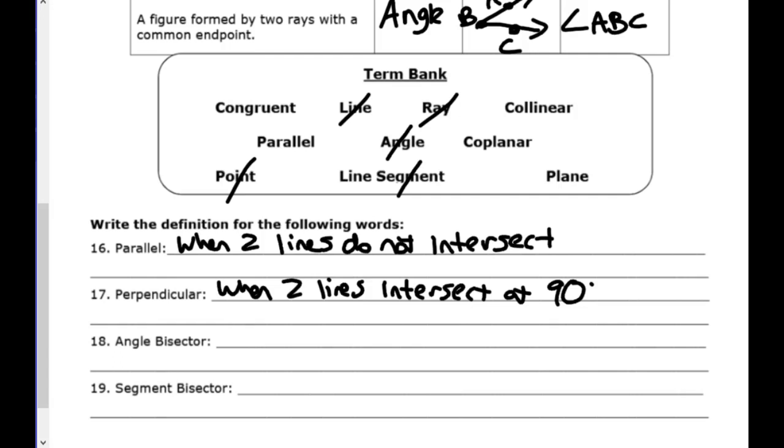Okay, an angle bisector is a line, segment, or ray that divides an angle in half.